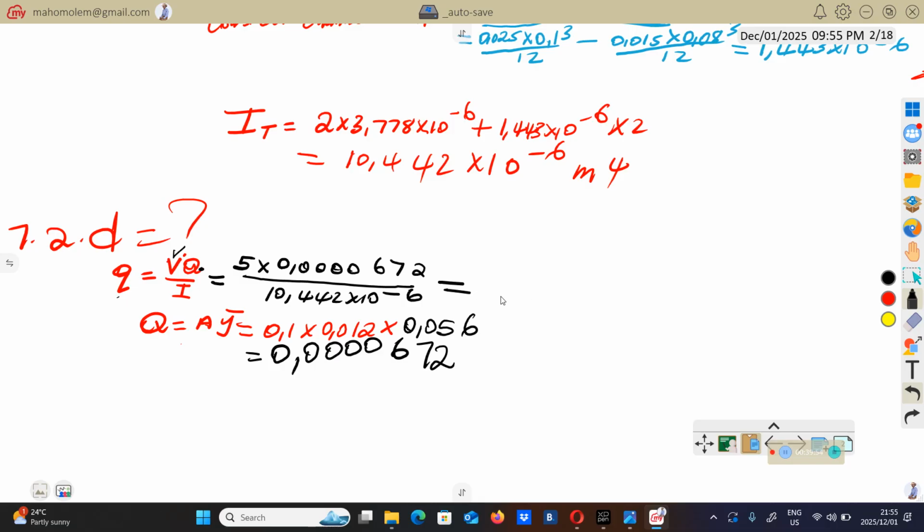So that will give you 32,000 kilonewton per meter. So that is the shear flow.